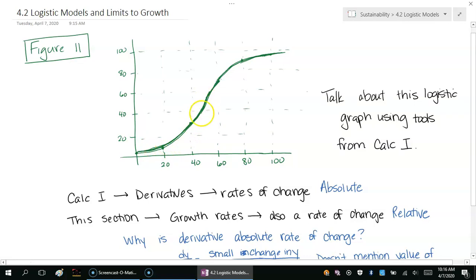That growth rate actually, in the middle where the absolute rate of change is quite large, the growth rate starts to level out. And then at the top, I have both small absolute rates of change and small relative rates of change. So let's compare the two.